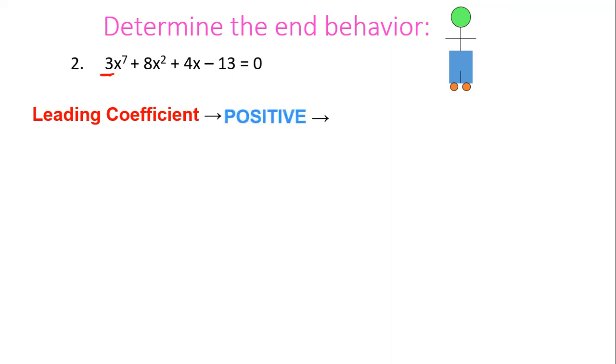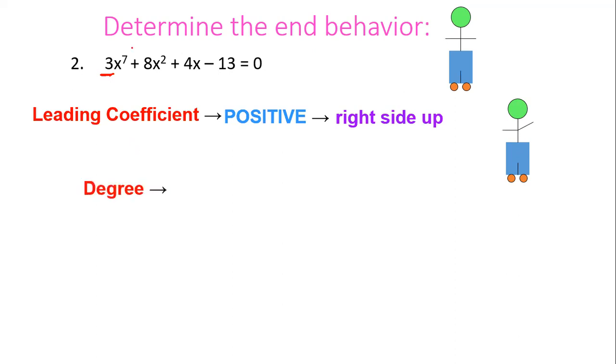Because 3 is positive, what's happening? My right hand's going to be going up. And then the second thing we look for is our degree.